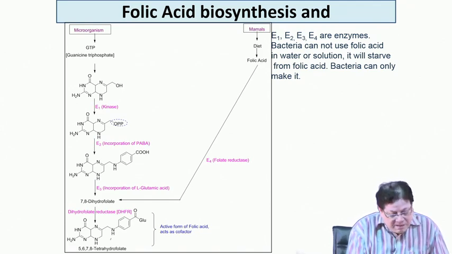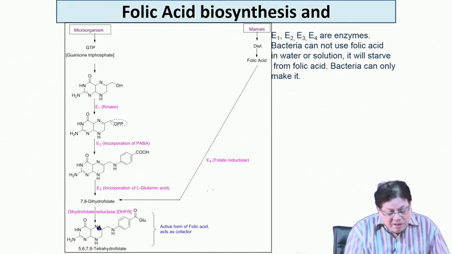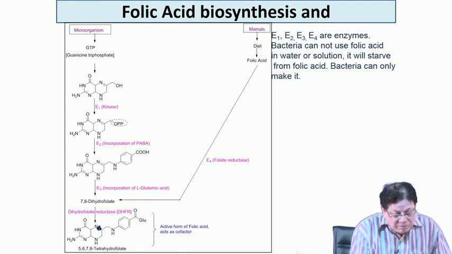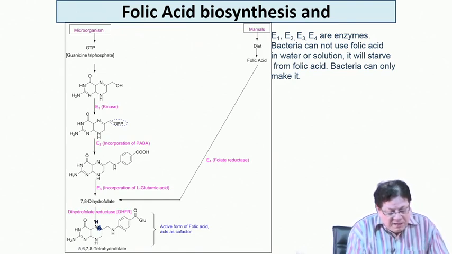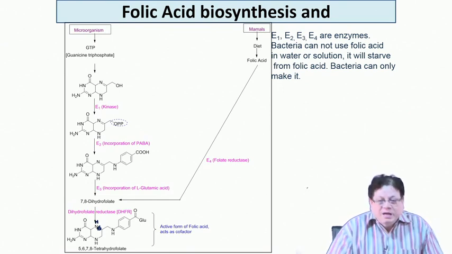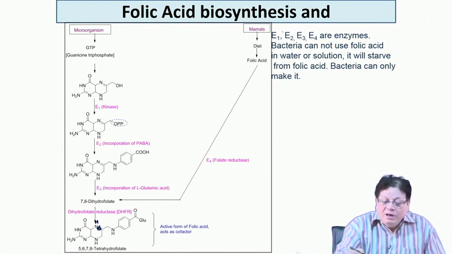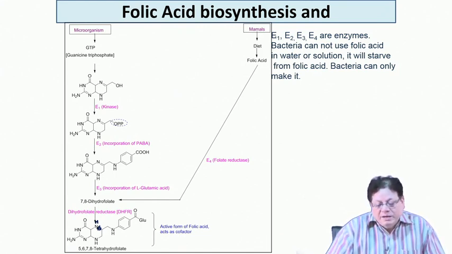Now, this 7,8-dihydrofolate, this is not a double bond, this is only a single bond, ultimately goes to tetrahydrofolate, specifically 5,6,7,8-tetrahydrofolate, which is the active form, the coenzyme form of folic acid. While in mammals like humans, from the diet we get folic acid.